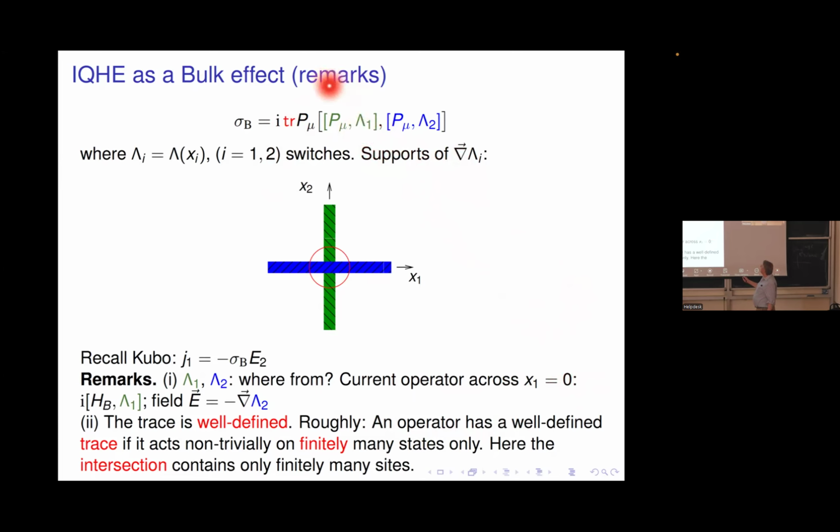Well, suppose that lambda 1 were not the switch function, but were constant, like the function 1, therefore the identity operator. Then this commutator would be 0.